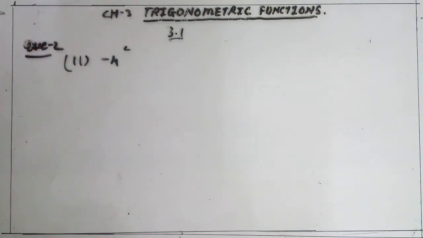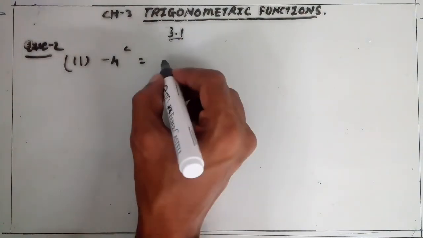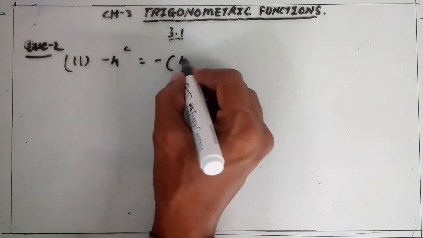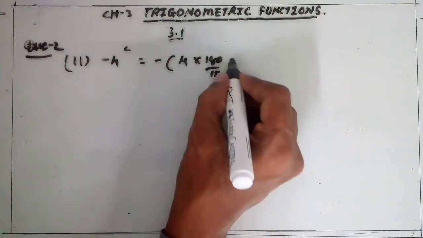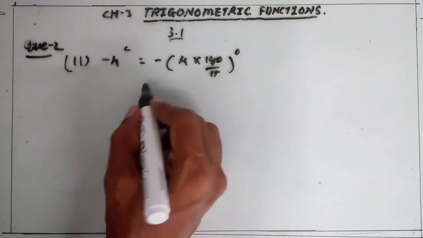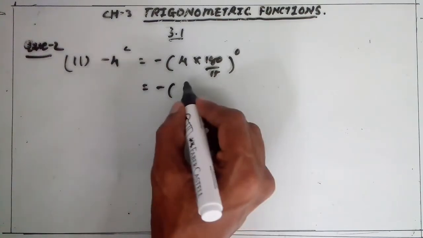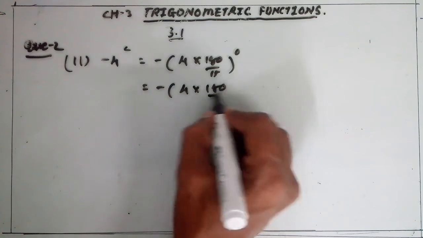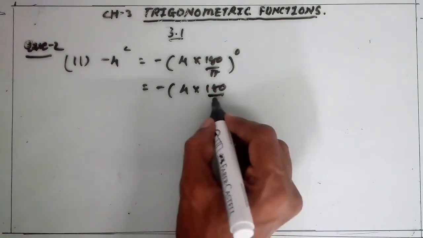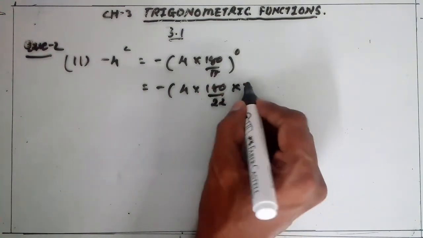So think how to change this into degree form. We know that multiplying by 180 and divide by pi, we change into degree form. So it is equal to minus 4 into 180 upon pi, change into 22 by 7.